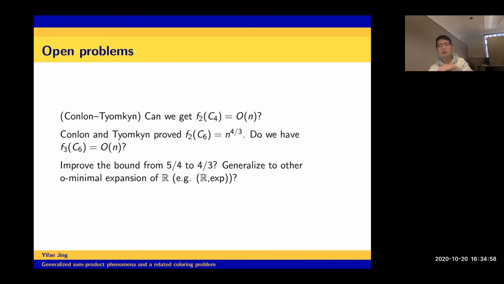Currently, Elekes-Ronyai says for a polynomial P(x,y), if P(A,B) is small, then P is either multiplicative or additive. That result only works for polynomials. If you have an exponential function, then that is unknown. The proof of Elekes-Ronyai uses algebraic geometry. If you don't have algebraic structure, then you lose this irreducibility, so all the argument there doesn't work.